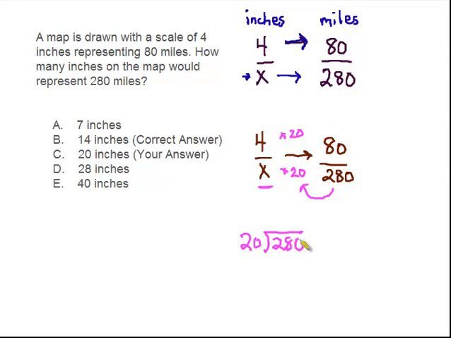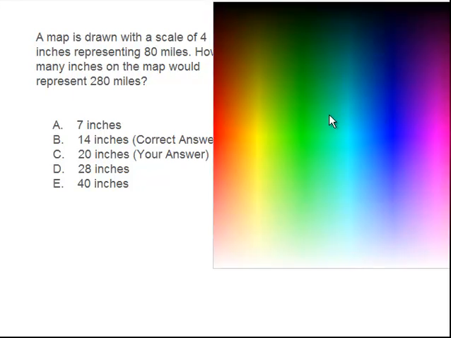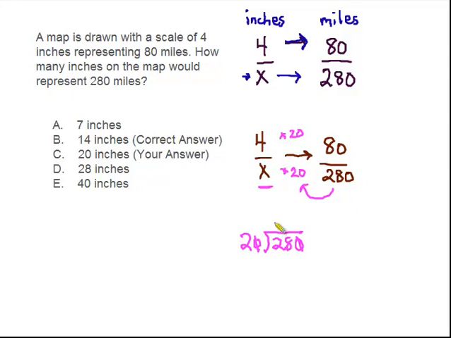So if you're not able to do that using mental math, which is fine, you can do 20 into 280. And to think of this a little more simply, you can just get rid of the zeros and do 2 into 28. So we know that 2 goes into 2 one time.